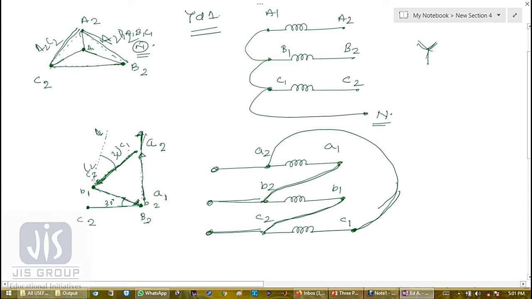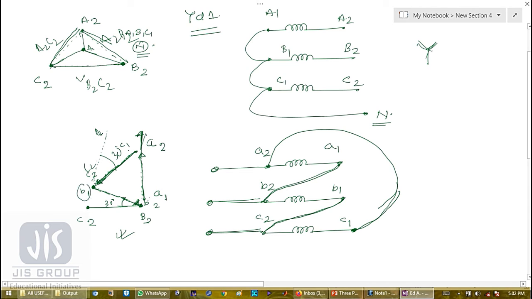Okay, so it will be somewhere here also. So in this fashion we can draw it. Better to consider one line voltage B2C2, draw it, and put the secondary line to line voltage at a 30° clockwise position, then we will get the terminals.